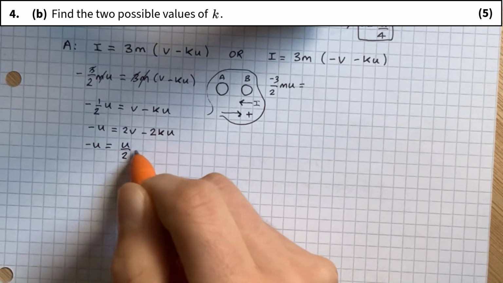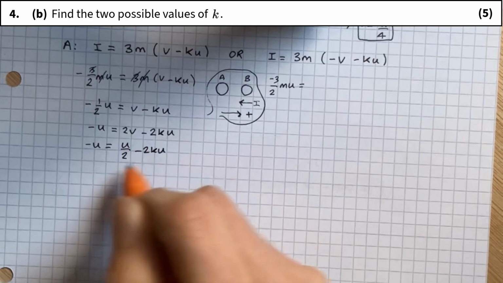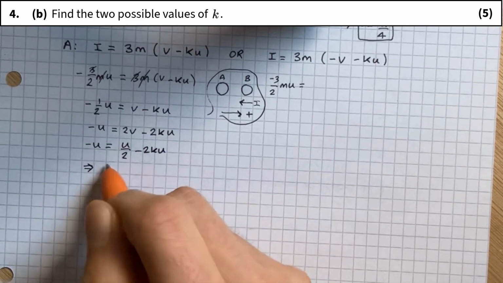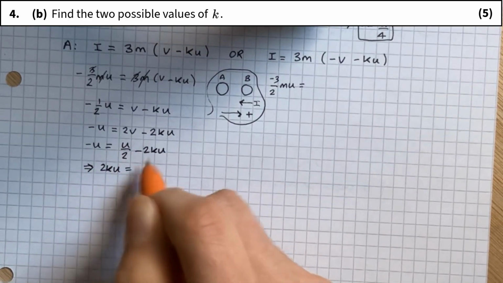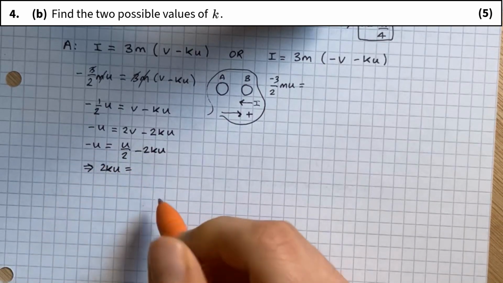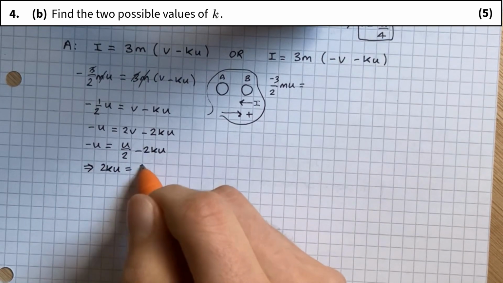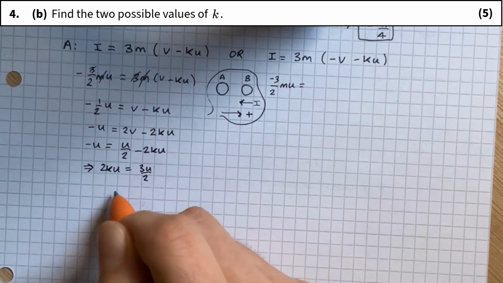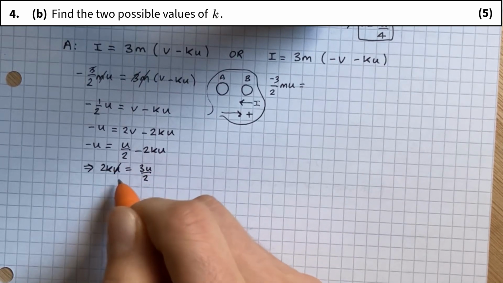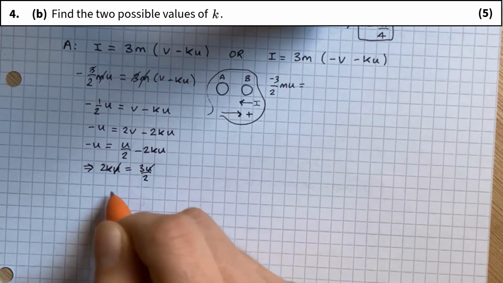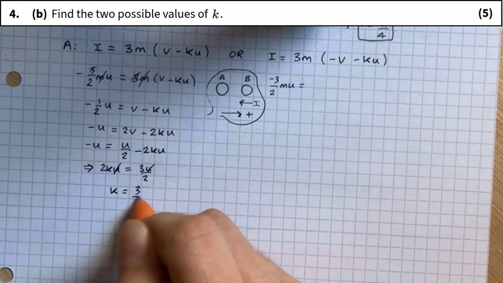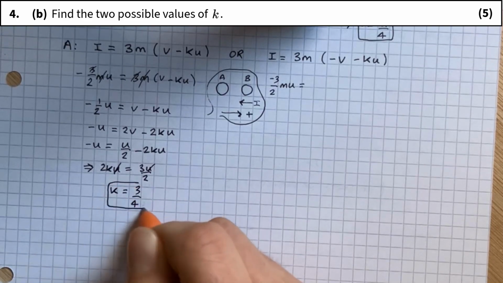So this will be u over 2. I can then add this to both sides and add u to both sides. I can then cancel the u's, and then divide by 2. This gives one value of k, 3 over 4.